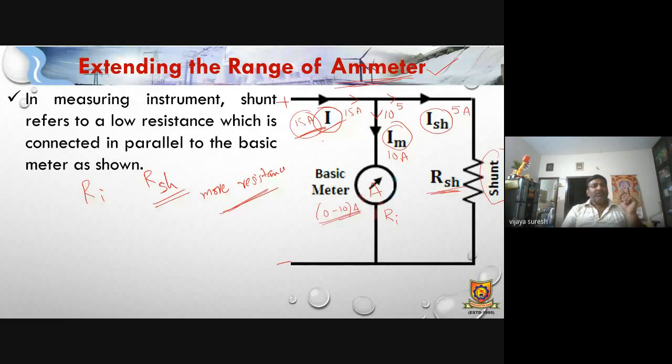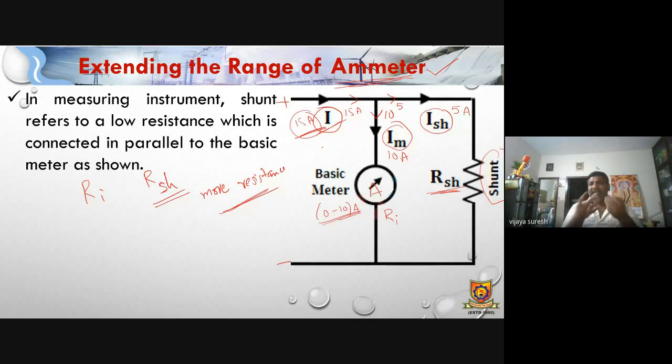As we know, the current always chooses the low resistance path, because resistance is nothing but obstruction to the flow of current. That is the basic definition of a resistor. Now, if Ri and RSH are there, and everyone is saying RSH is more, then Ri is less.